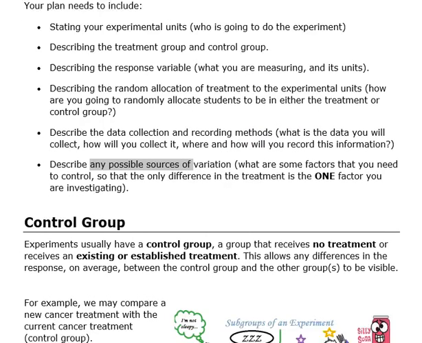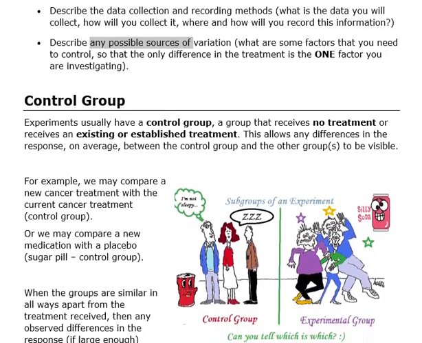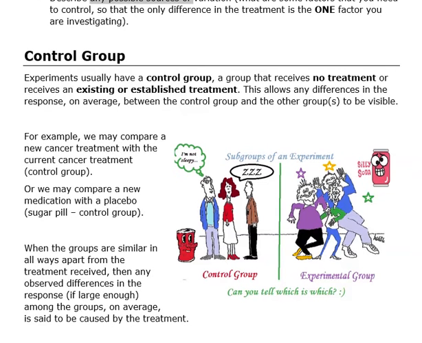The first idea that I want to talk to you about is this idea of a control group. A control group can be one of two things: either the group that does not get any treatment, or a group that gets an existing treatment. For example, if I'm trying to test a new cancer drug, ethically I cannot give no treatment to a group of cancer patients.